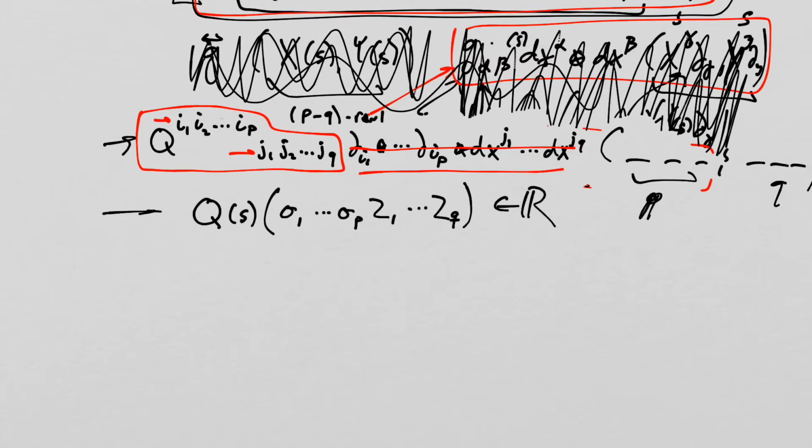There is a textbook notation form, by the way, just be aware, where you would write Q with I1 to IP, and then J1 to JQ, right on top of each other. So the indices are right above each other. When you do that, you've got to think of it in terms of this. Usually the author will tell you what they think is coming first in the basis vectors.